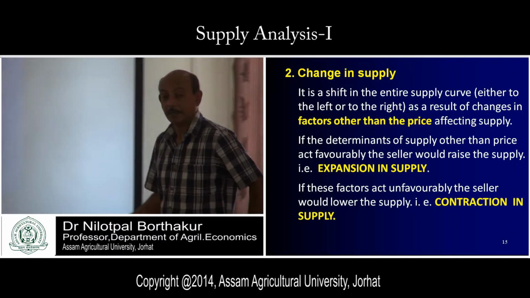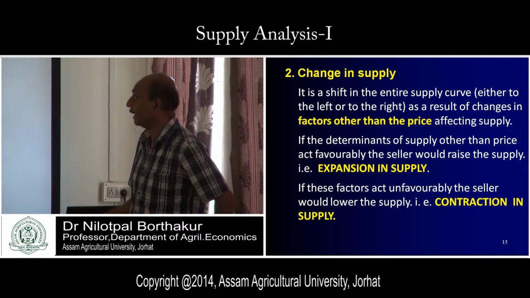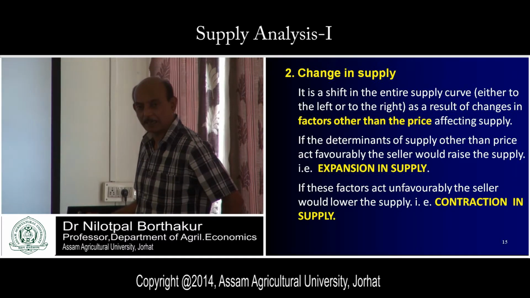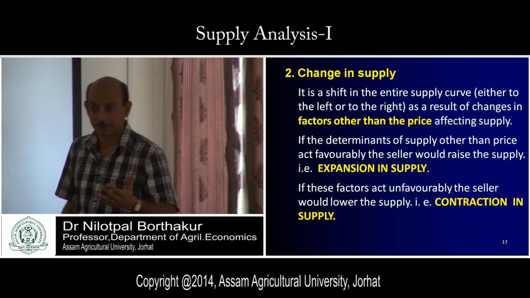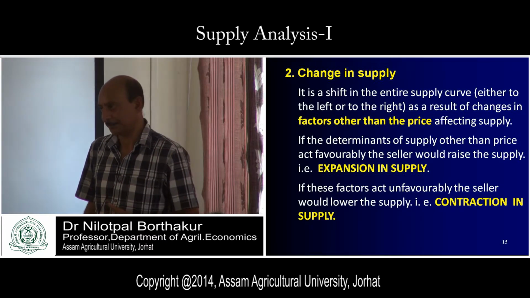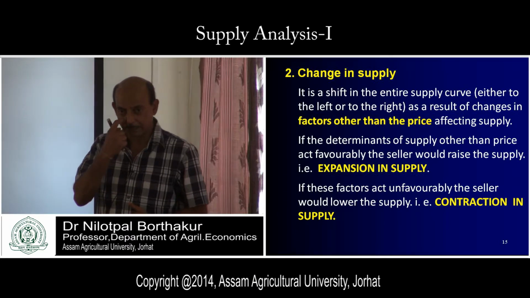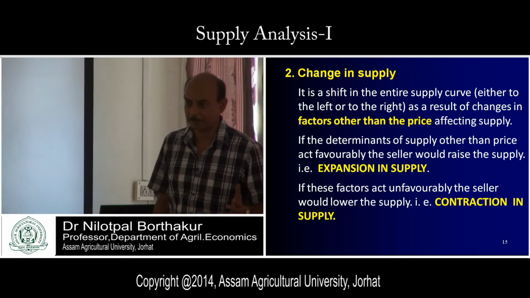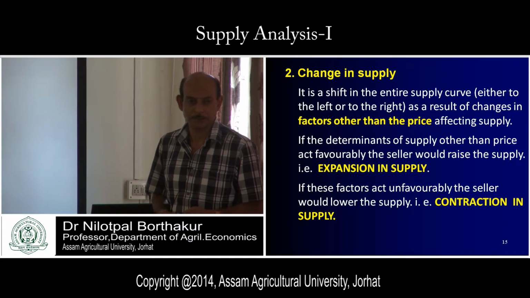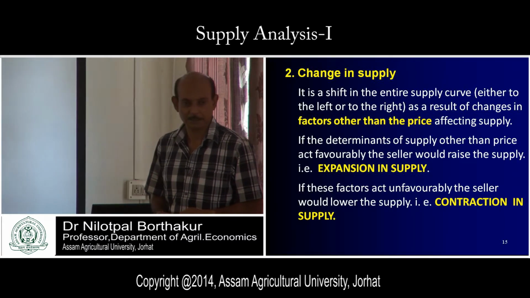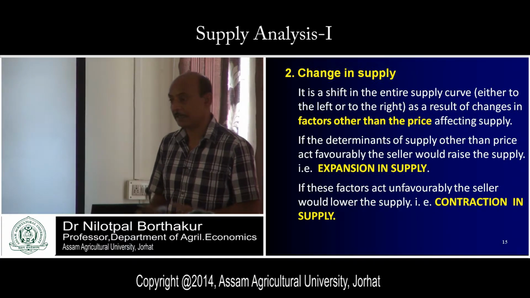This is change in supply. Here, it is a shift in the entire supply curve either to the left or to the right as a result of changes in factors other than the price. These factors may be anything: prices of related goods, expectation about future prices, income of the seller, all other things.